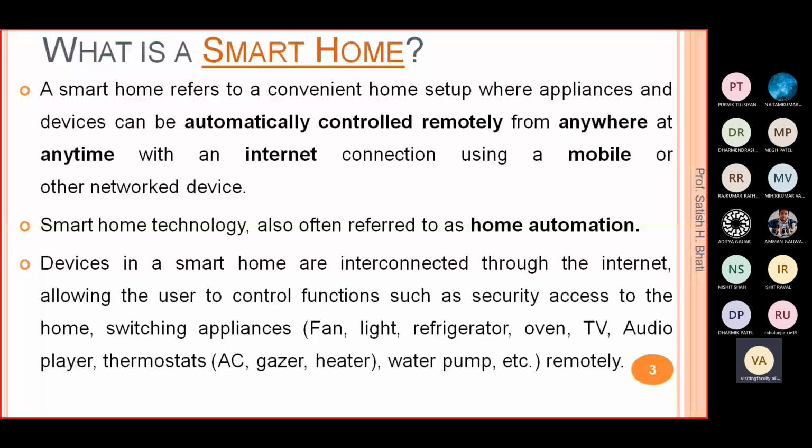Sometimes it is not switching, but just scheduling some task. Based on that, the system will automatically start that task at the scheduled time, and after some interval, as per the schedule, the system will stop that task, right?